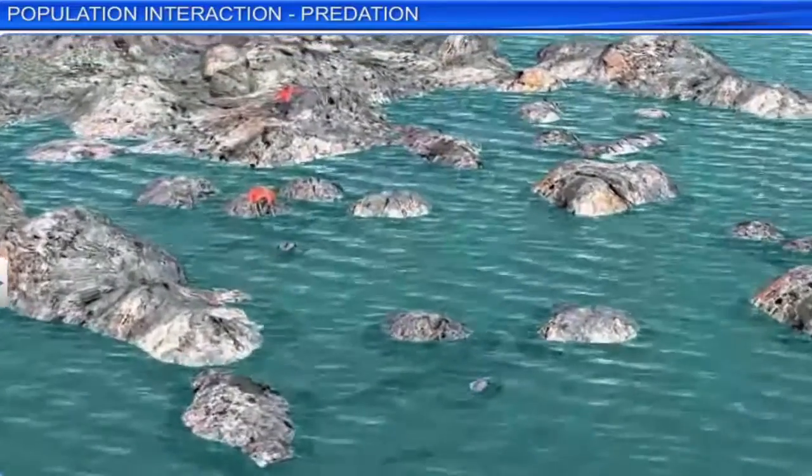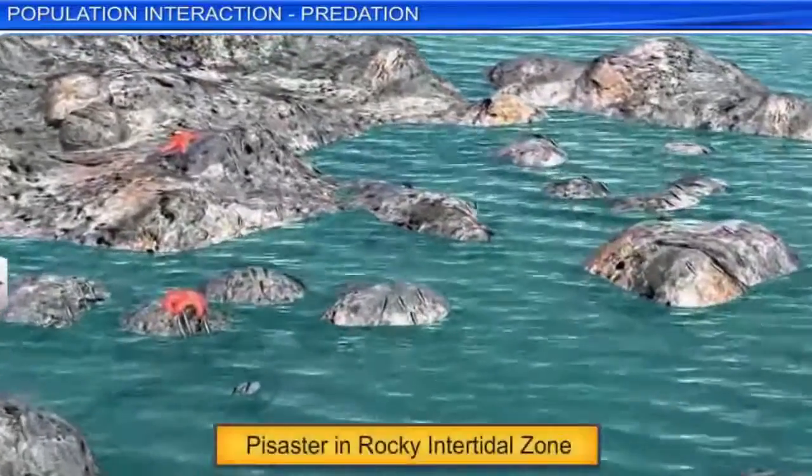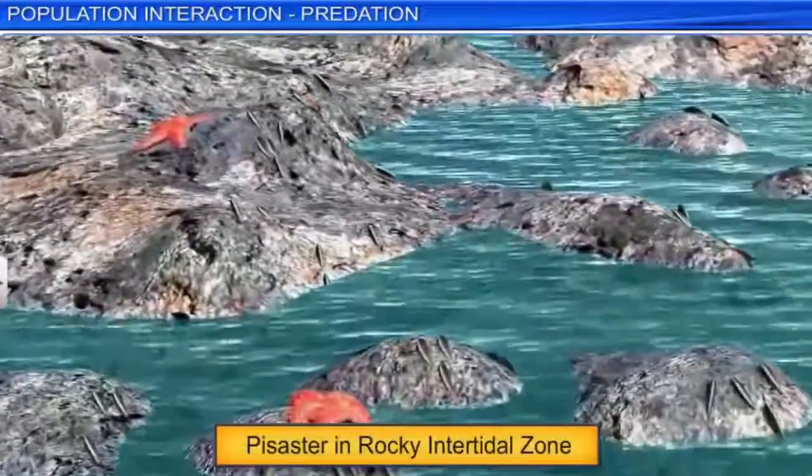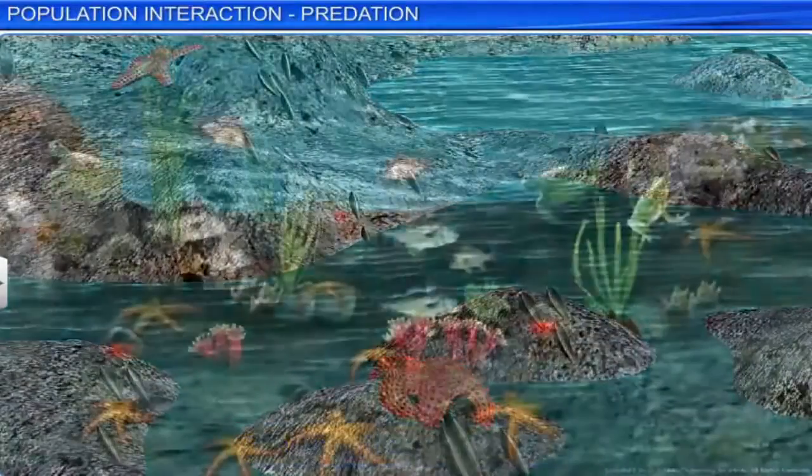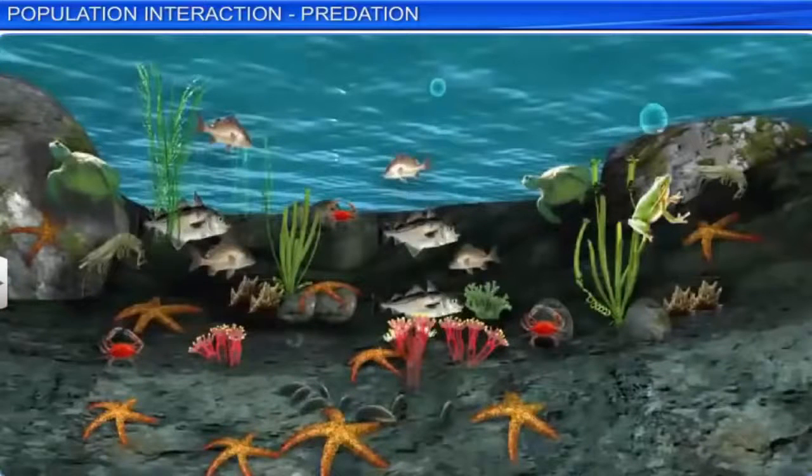For example, a starfish, Pisaster, is an important predator in the rocky intertidal communities on the American Pacific coast. It feeds on a mussel, Mytilus, and is responsible for maintaining the species diversity in intertidal communities.